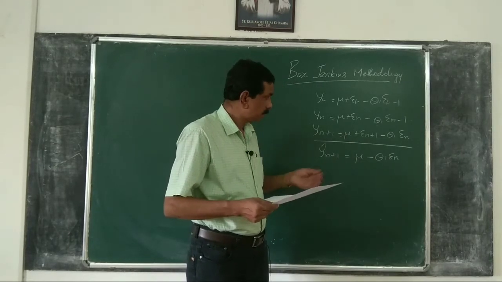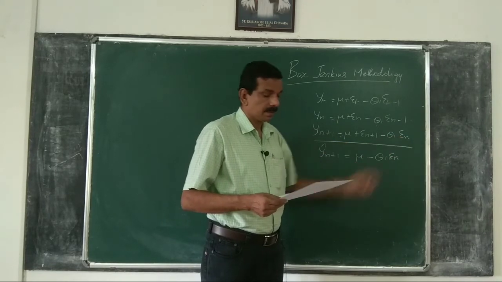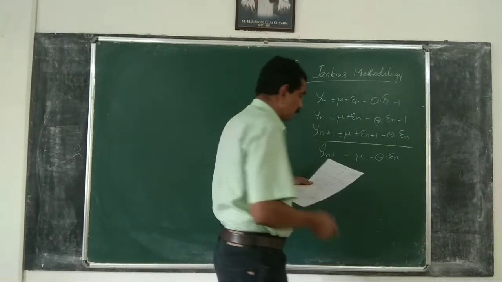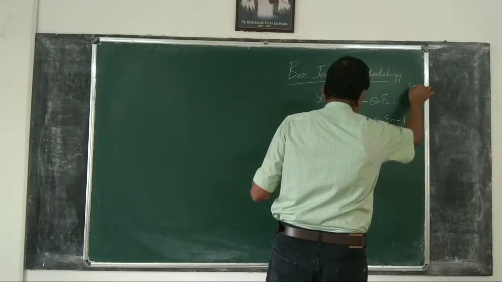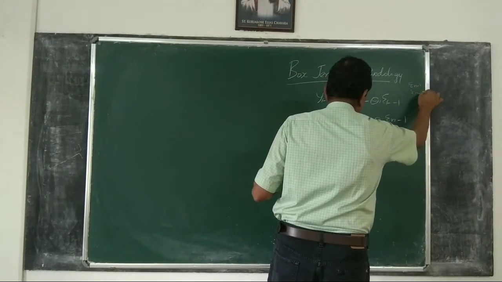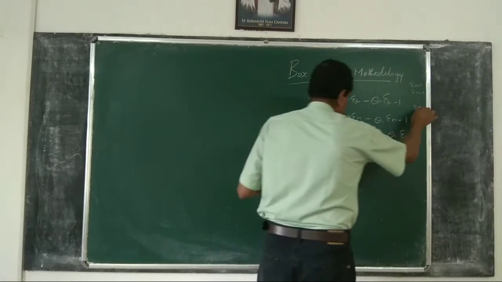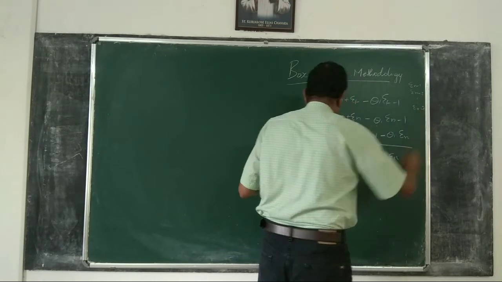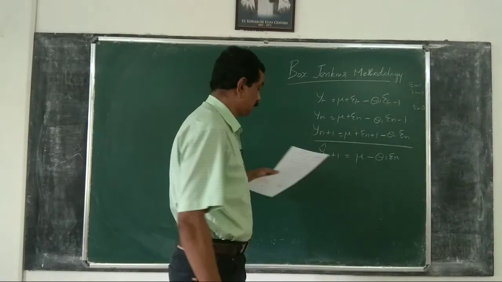But to implement this scheme, we must know the value of epsilon n. And this requires knowledge of epsilon n minus 1, epsilon n minus 2, etc., down to epsilon 0. So what we do is set epsilon 0 equal to 0, so that the process starts off.